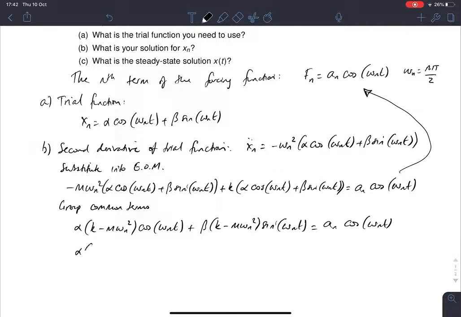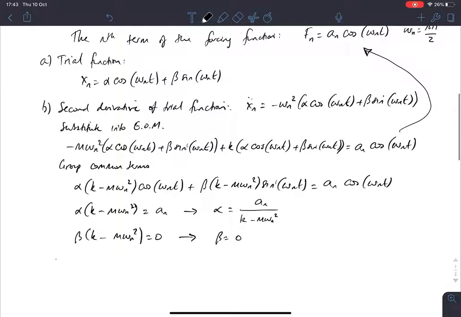So it's quite clear that alpha times k minus m omega n squared equals a n, and so alpha must be a n divided by k minus m omega n squared. Beta times k minus m omega n squared must be 0, and beta must therefore be 0.